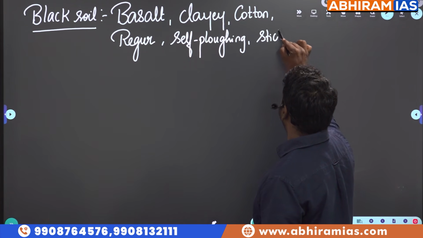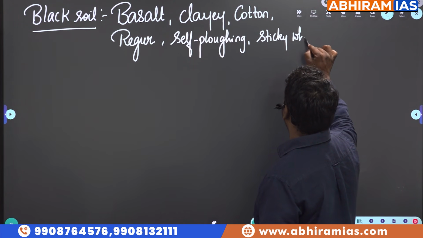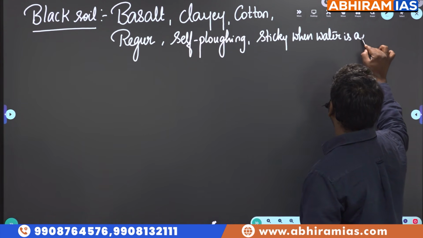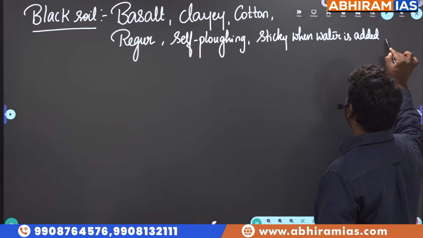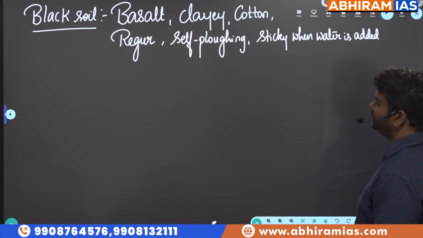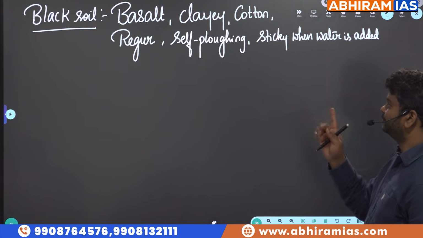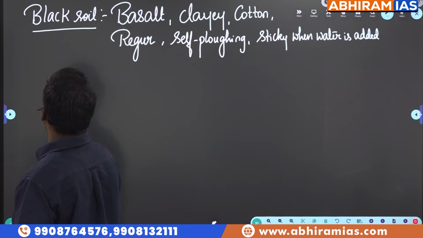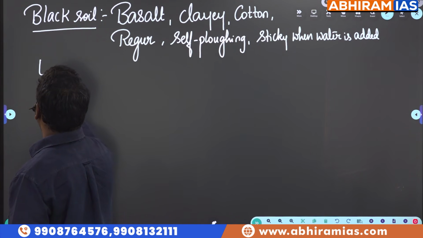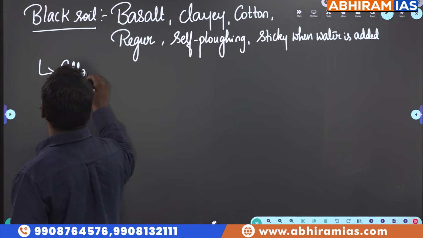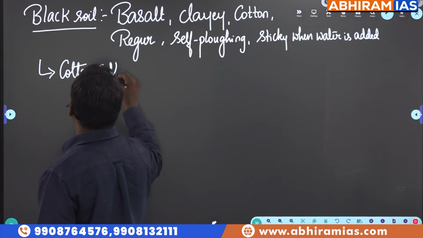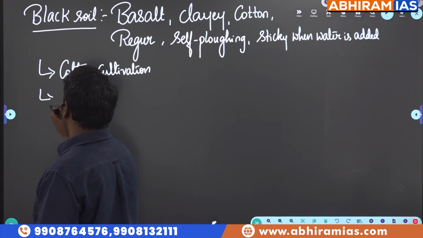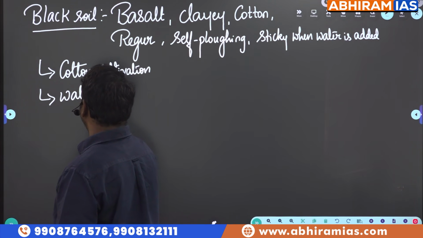It becomes sticky when water is added. It is very difficult to till. Which one? Black soil. It is good for cotton cultivation. Water holding capacity is more.